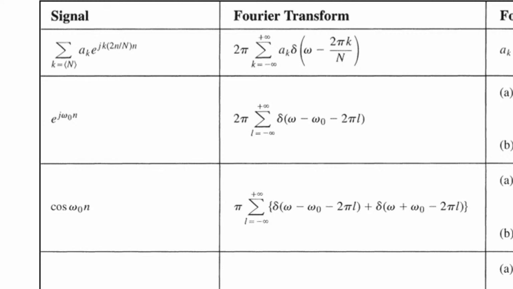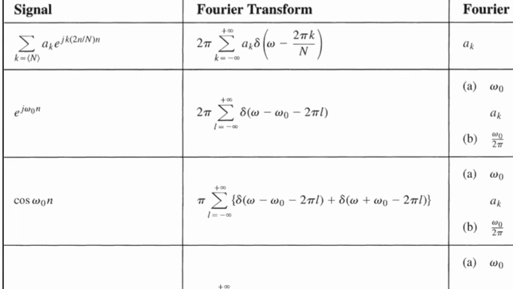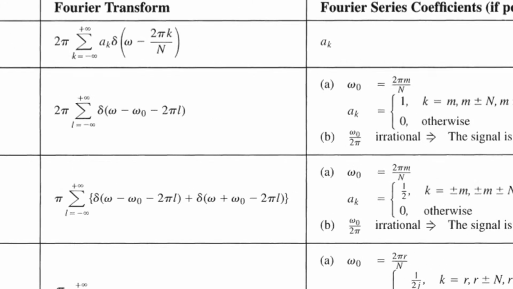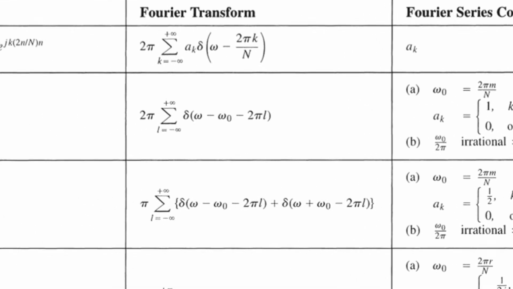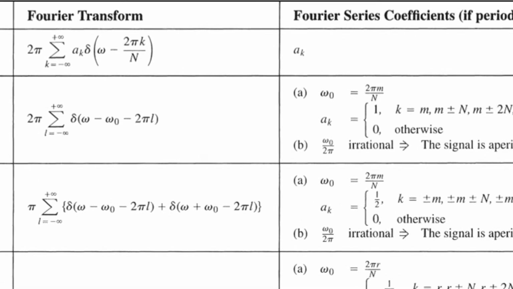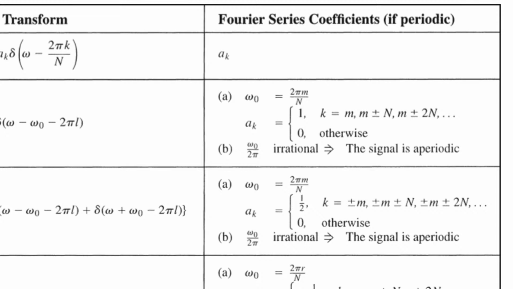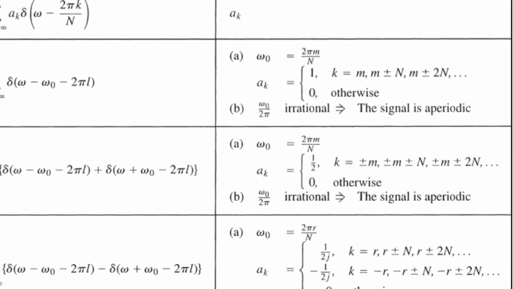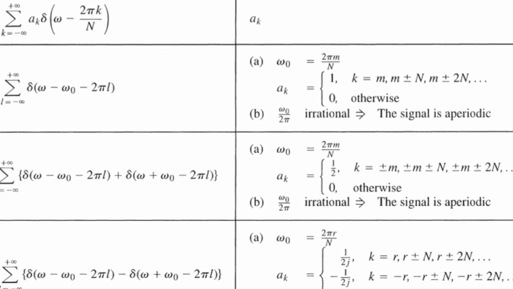If it's rational, then it's a special case, and you get 2 pi times the summation of delta of omega minus omega naught plus or minus 2 pi L, with a_k equal to 1 for one of those.